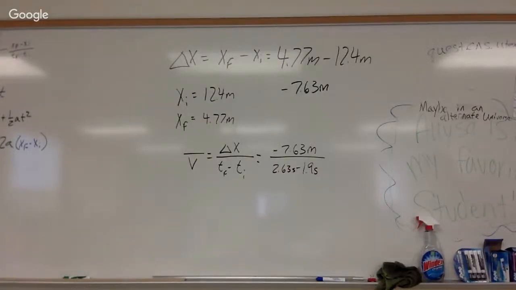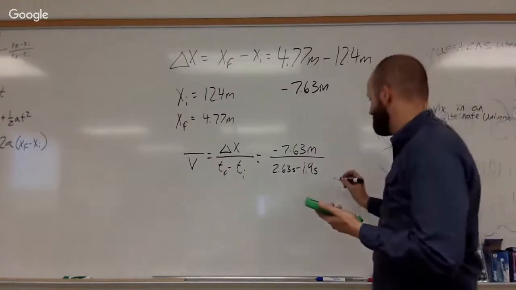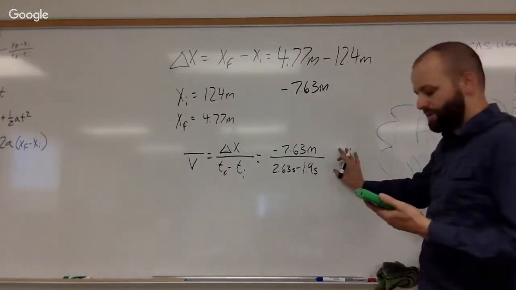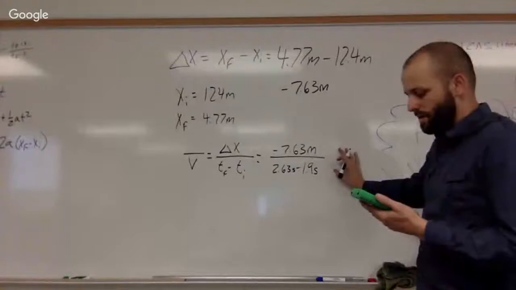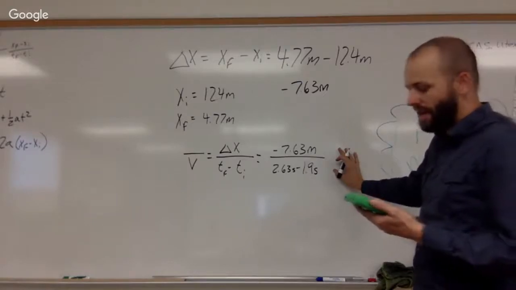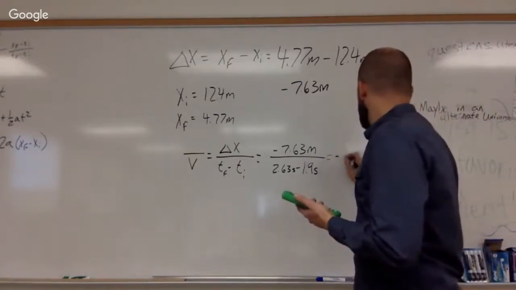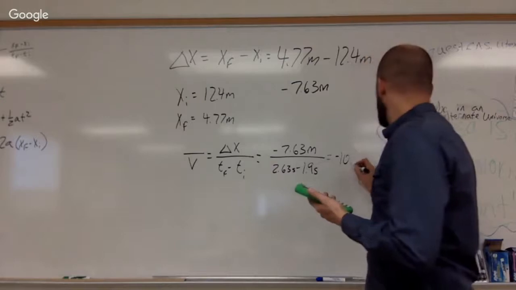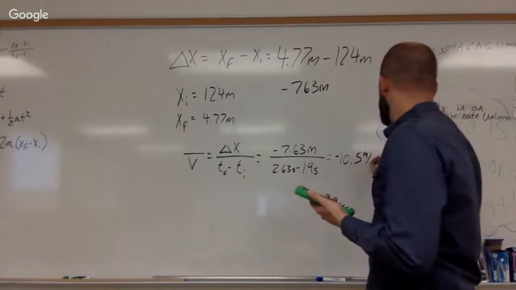I'm going to go ahead and do the math on that real quick. It is new for me each time I open up a new tab, so these numbers are different than what I've done thus far. And I find that, let's see, all that seems reasonable. I find that I get an answer of negative 10.5 meters per second.